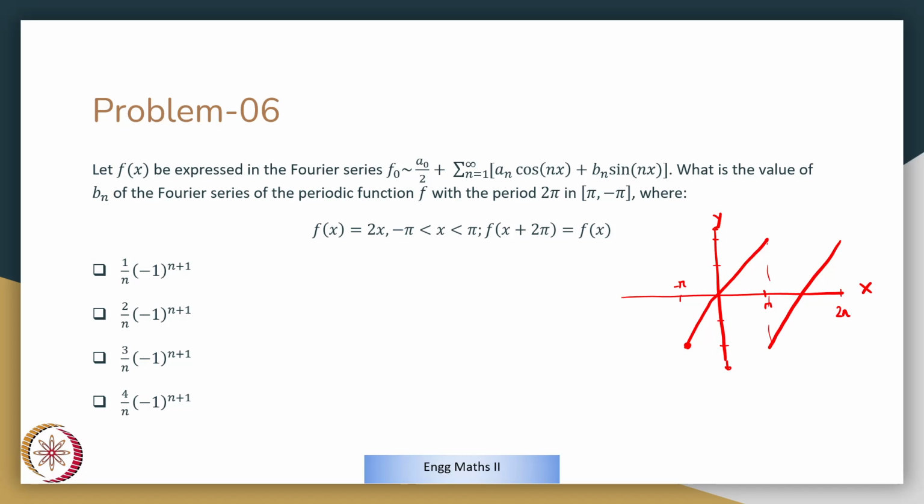This is at 2 pi, and another like this, and this is at minus 2 pi, and so on. So this is a periodic function f of x, and we are asked to calculate the coefficient of the sine term bn.